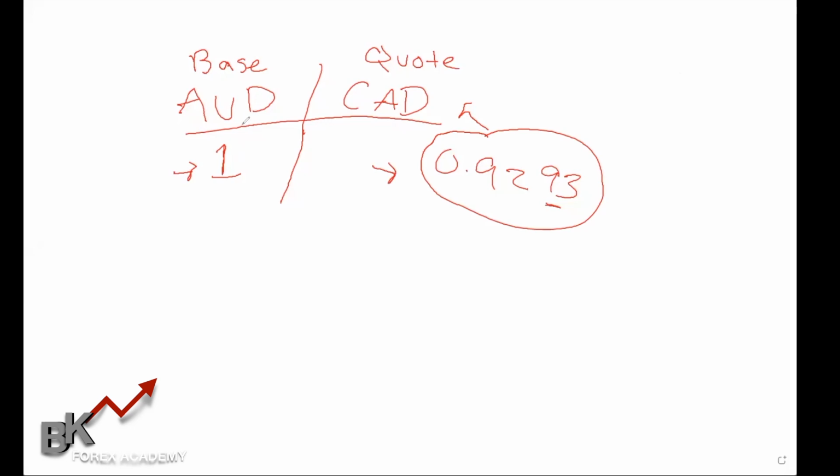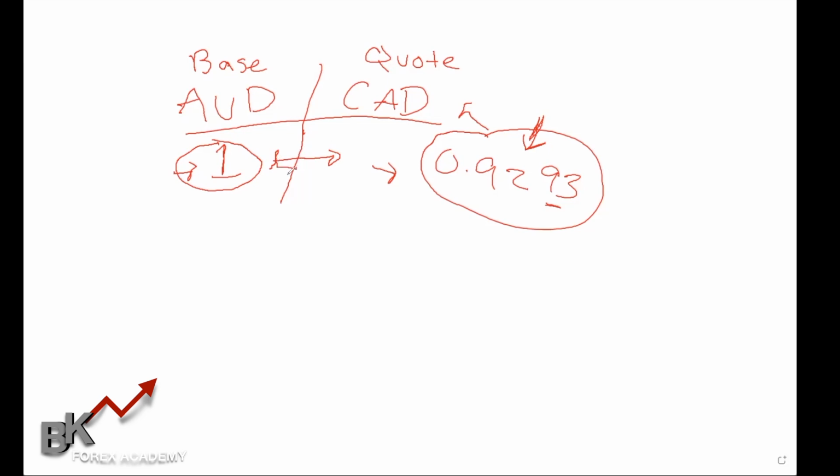If I was in Canada with 92 or 93 cents and wanted to take a trip to Australia, they would give me $1 in exchange. That's the difference between those currency pairs. This number is based on the strength of the economy for Canada and a whole bunch of other things. Since we're looking at the Australian chart, this side is always considered 1, so all we're doing is comparing the other side to it.